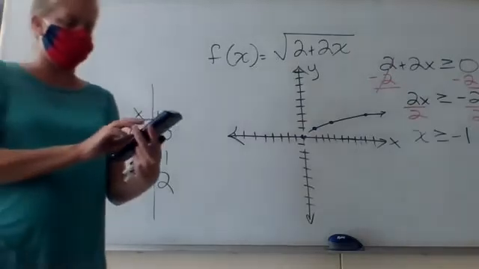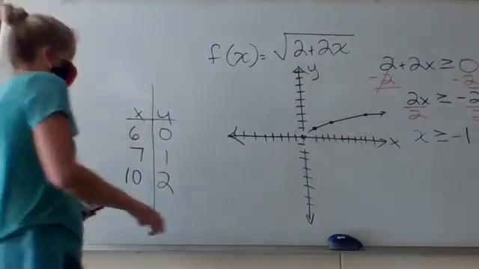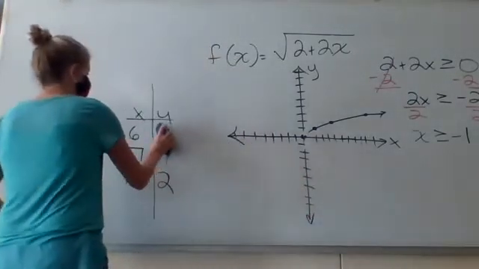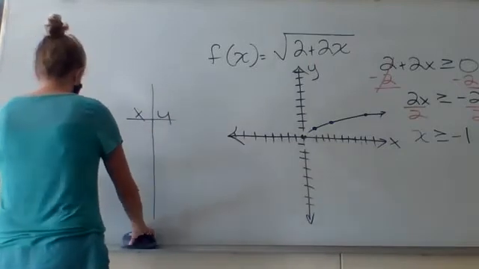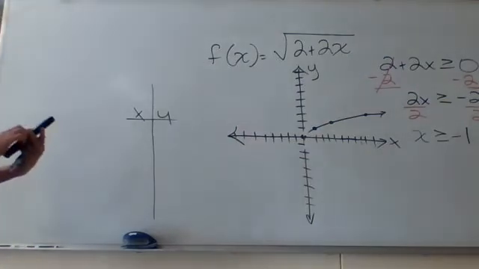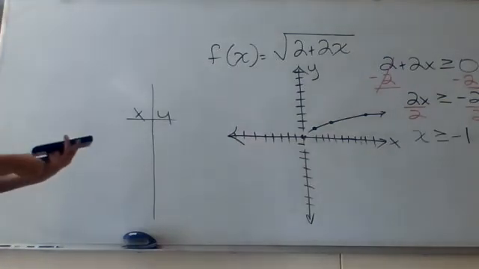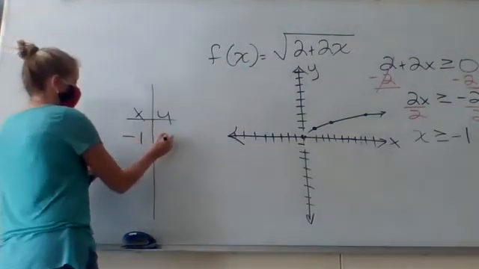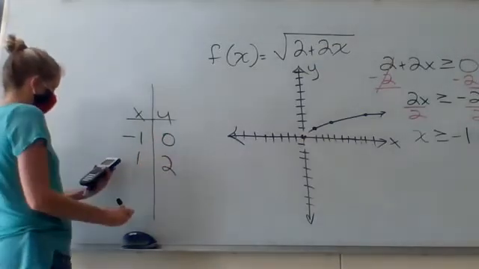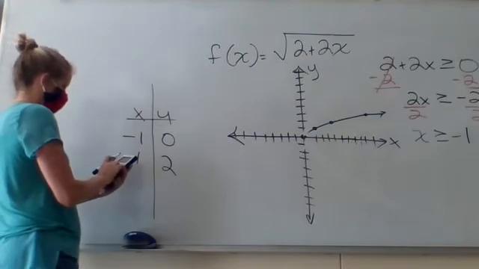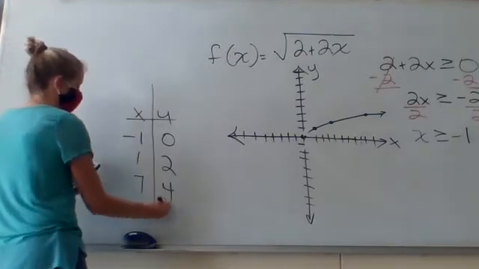So let's go to second table and get some points so we can graph this. I'm going to start it at negative 1. So negative 1, 0. 1, 2 is a point. And let's see, another point would be 7, 4.